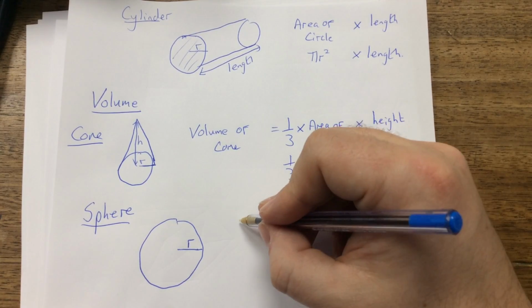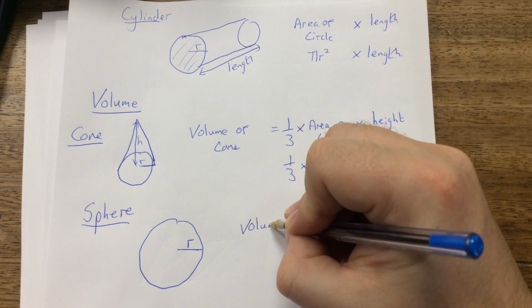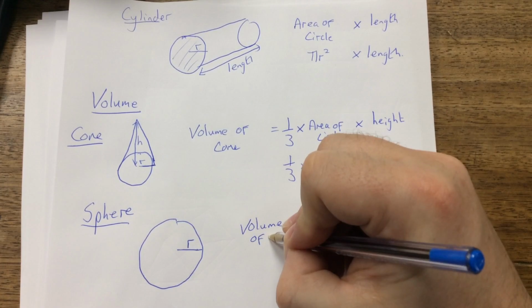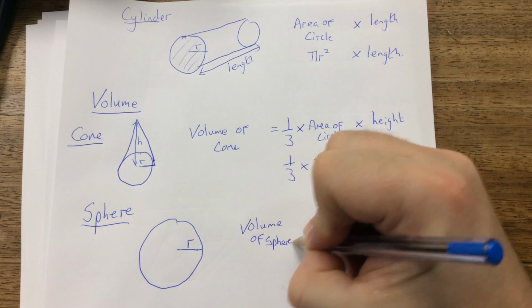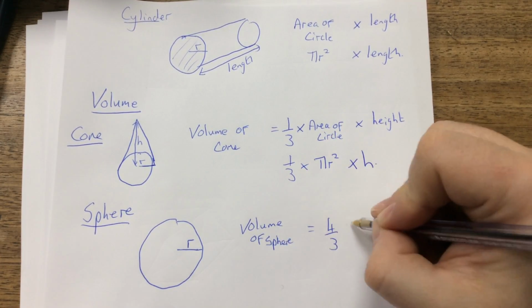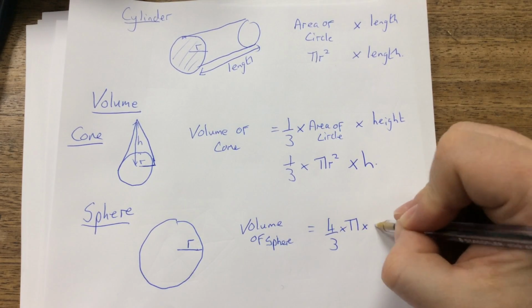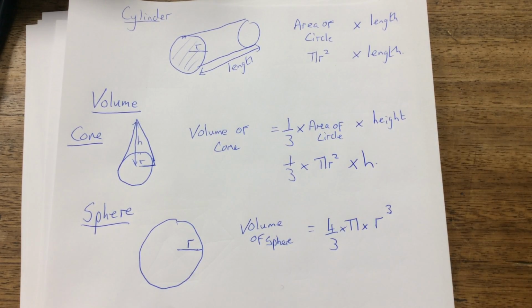The volume of a sphere is 4/3 times pi times the radius cubed. So it's 4/3 times pi times the radius cubed.